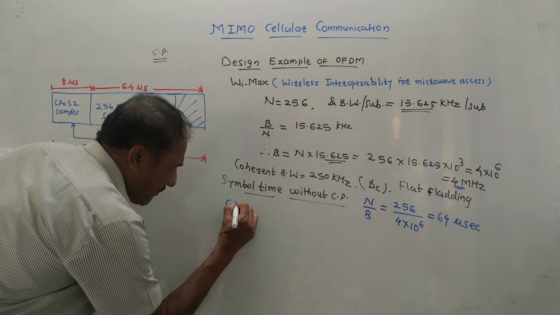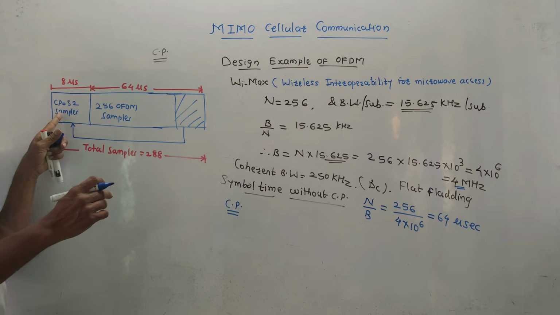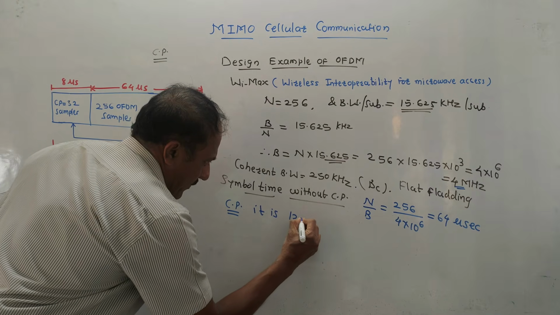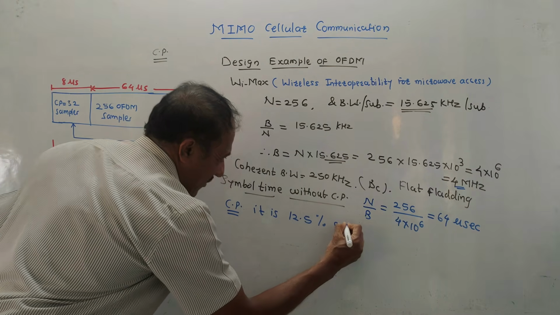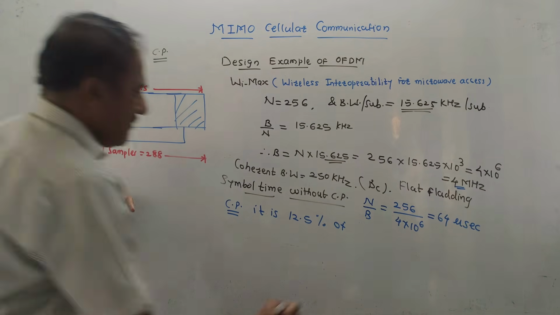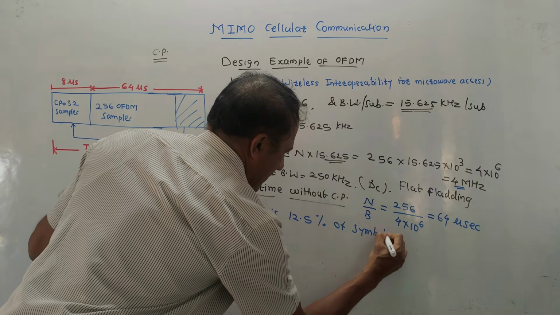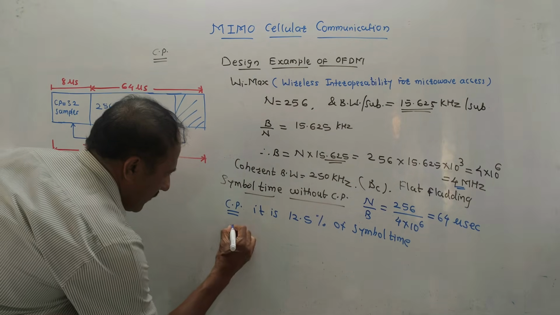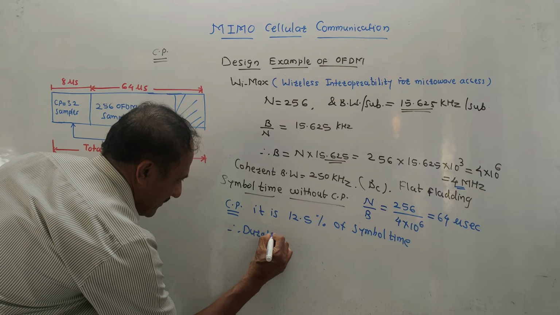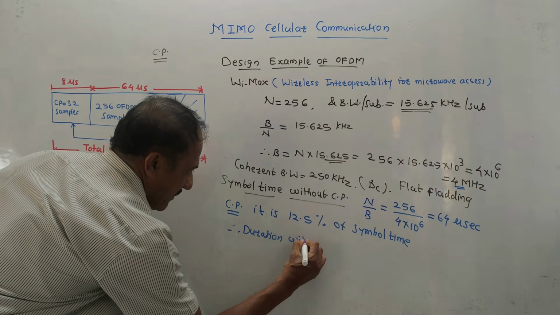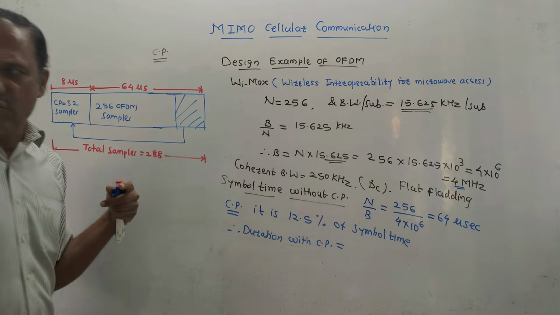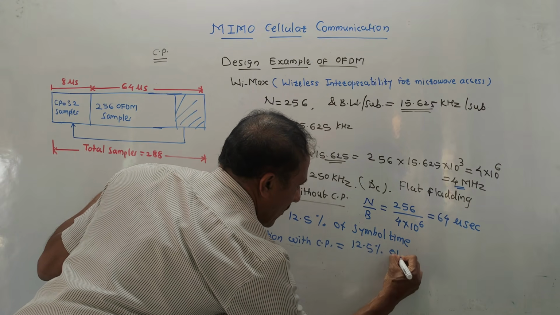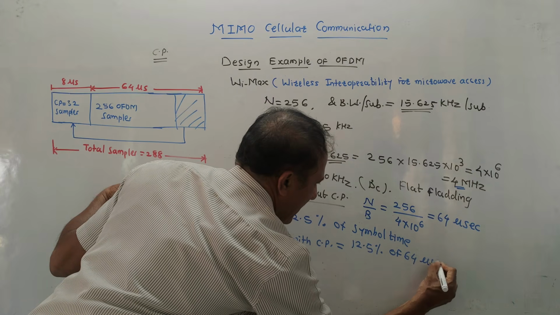Now if a cyclic prefix is used, that means if you are using some kind of coding in this case, then it is 12.5% of the symbol time without CP. So we can write the time duration with cyclic prefix is equal to 12.5% of 64 microseconds.